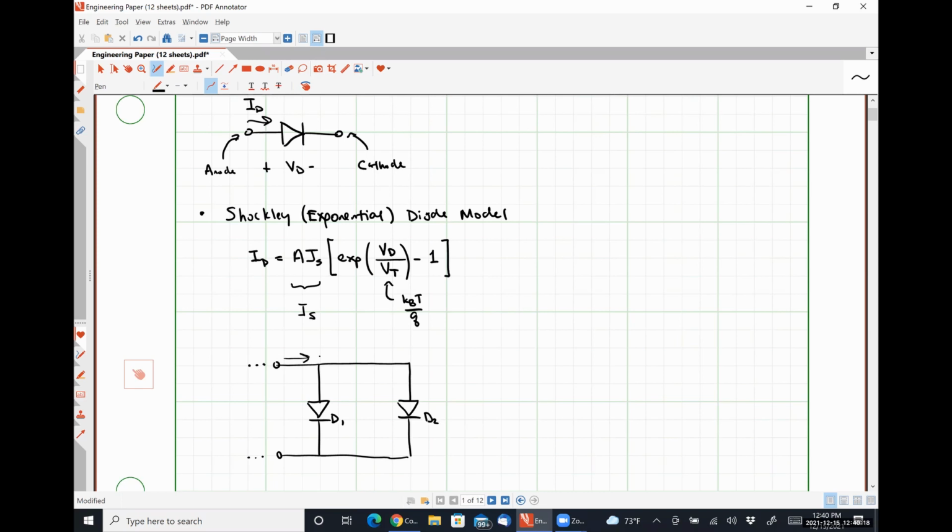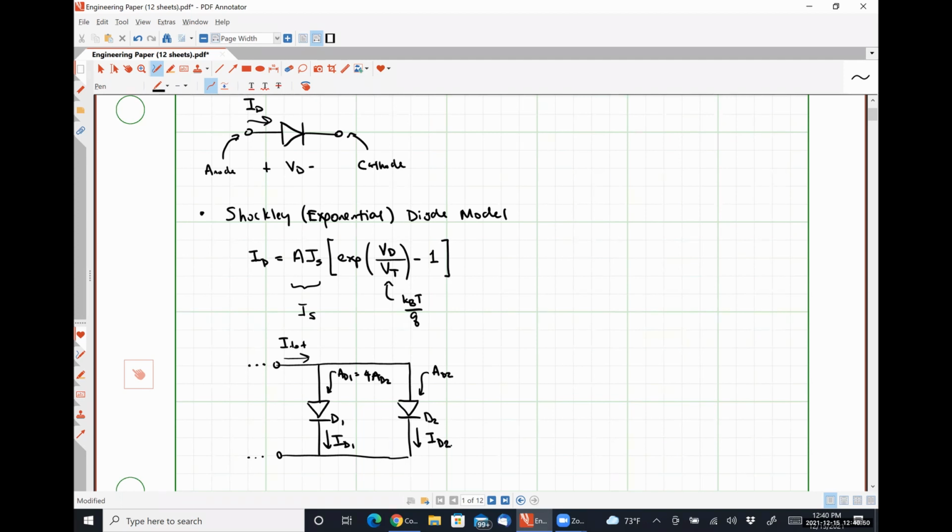We have some total current, I total, flowing into our parallel diode network, and the area of diode 1 is 4 times the area of diode 2. What portion of our total current will flow through diode 1 and what portion will flow through diode 2?